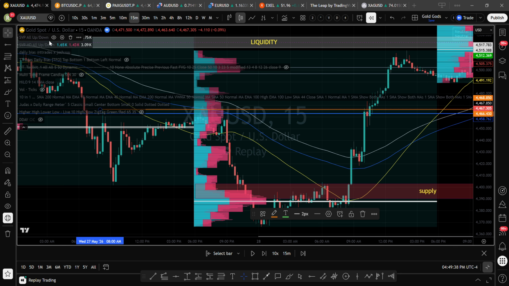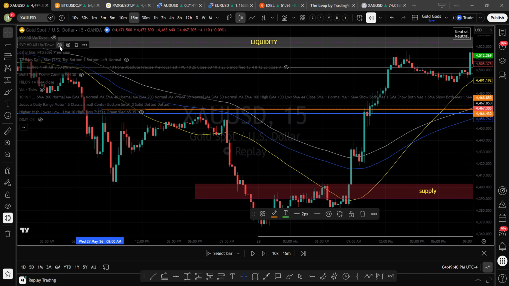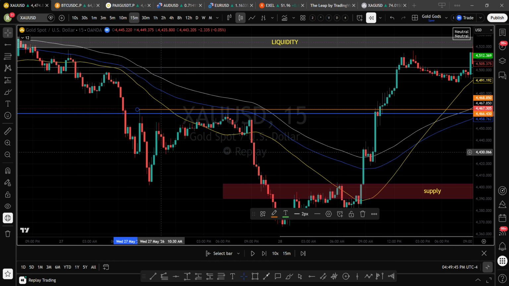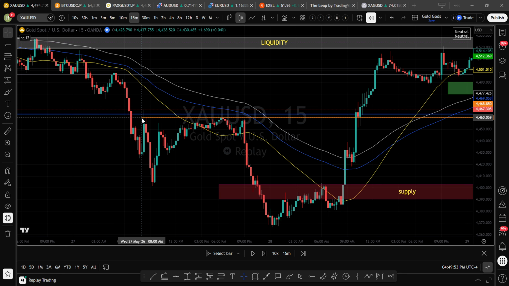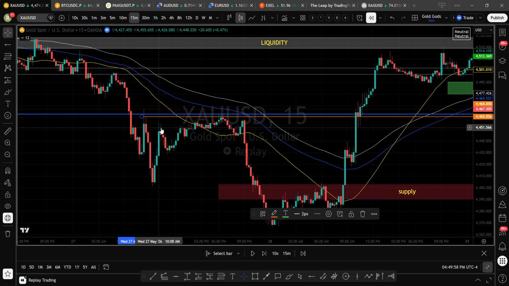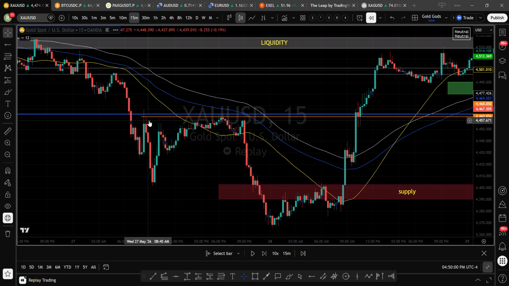I have to get these out of the way just to show you. Price did not come back up and kiss this wick, but it did come back up and kiss this wick. And this wick would have been better to go with because it's a wick in the direction we're looking for. We're looking for a down direction, and that's what we got. We missed this train, but there was a chance to get back on the train.